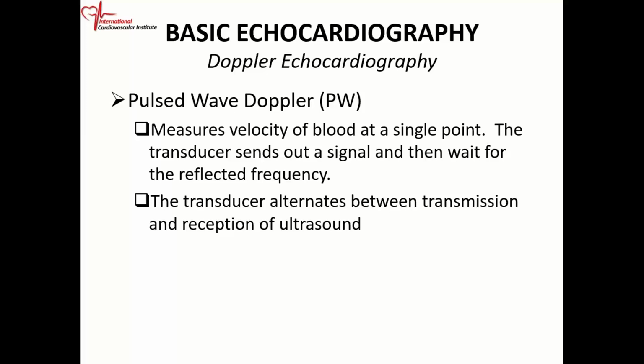So, quickly recapping what we did on Monday. We looked into Doppler, the mechanism of Doppler, some of the things that we use Doppler to do, and the different types of Doppler.